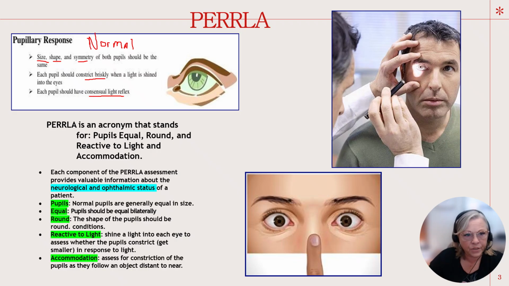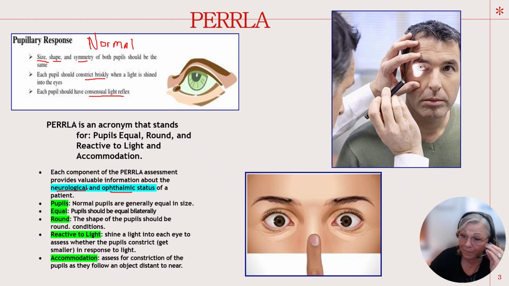So in order to determine normal or abnormal status, we are going to follow the acronym PERLA, and we are going to assess each of the pieces of the acronym while we're flashing our light. So the other thing to highlight here, not only is a PERLA assessment checking neurological status, it is also checking ophthalmic status.